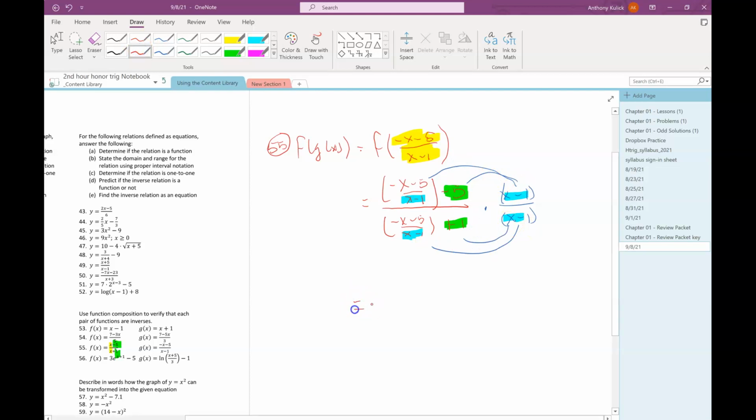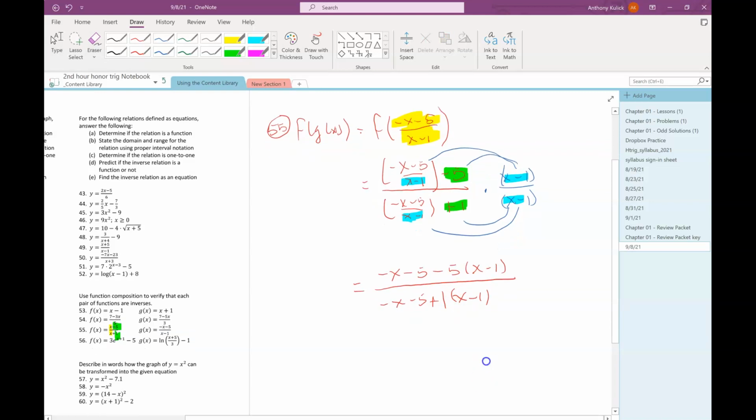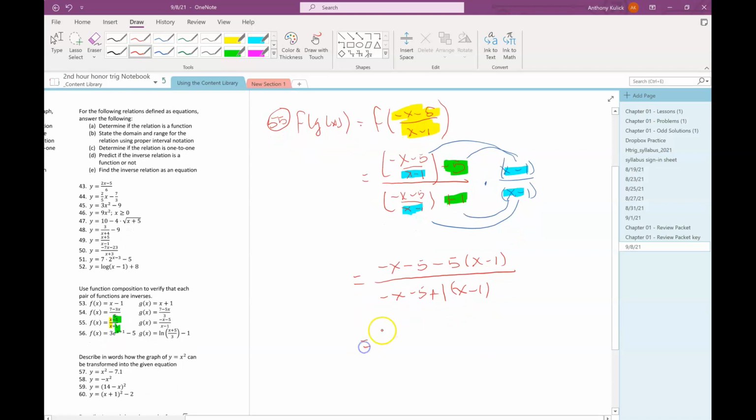When it multiplies to the fraction, the x minus 1's just cancel. I'll put a 1 there. Is that okay, Grace? Yeah. Then we'll just distribute.